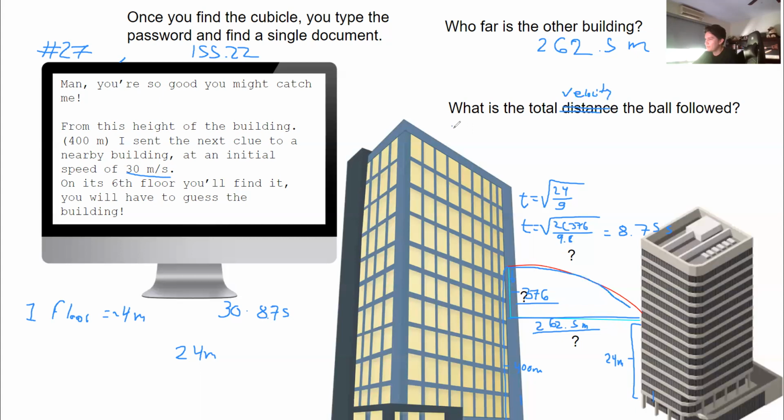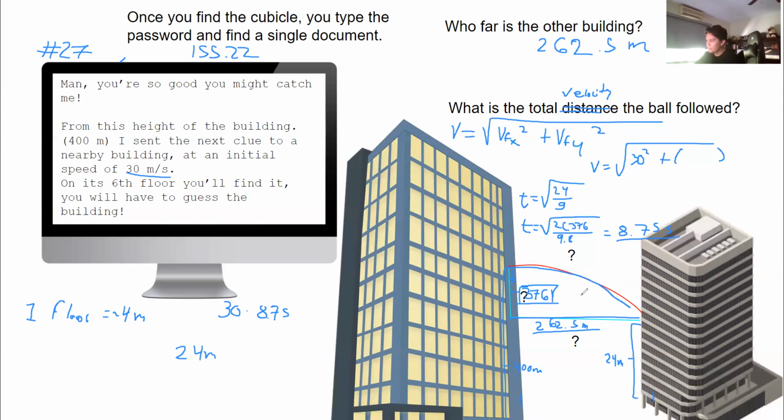We can use the following formula: V equals the square root of the final velocity on x squared plus the final velocity on y squared. Now we know the first one, which is 30, plus we have to get the second value. Now we know it took 8.75 seconds.